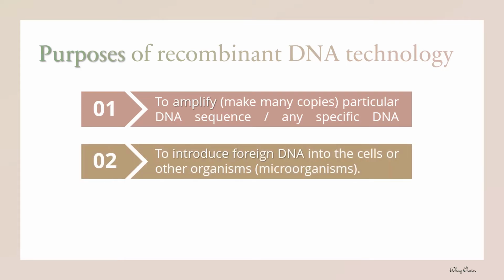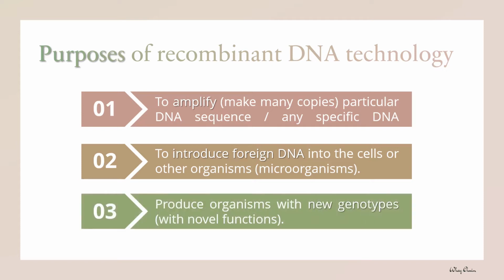Tujuan kedua, saintis dapat memperkenalkan DNA yang berbeza spesies ke dalam organism tertentu atau sel tertentu. Dengan itu, jika organism itu telah menerima DNA atau gene yang berbeza daripada asalnya, dia dapat menunjukkan phenotype yang baru. This is why we say novel functions. Novel maksudnya baru.